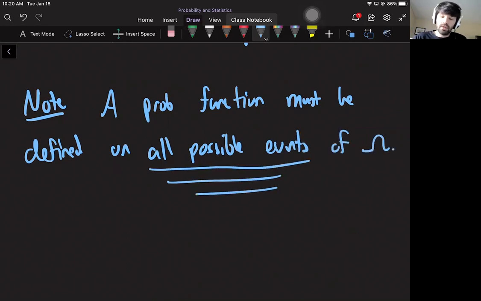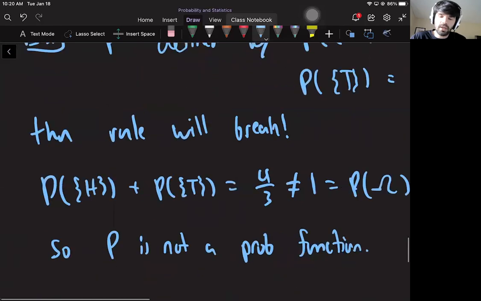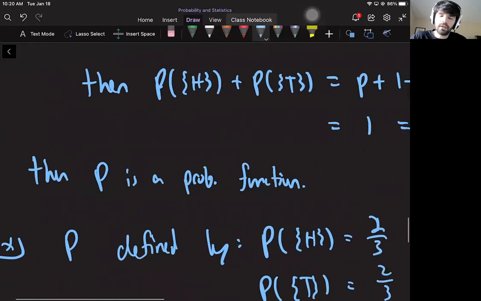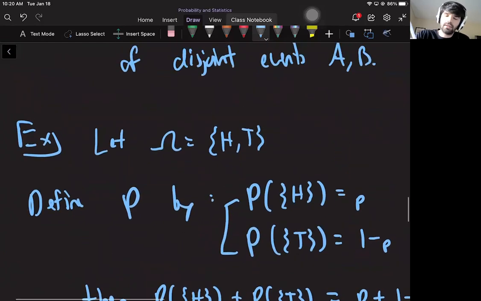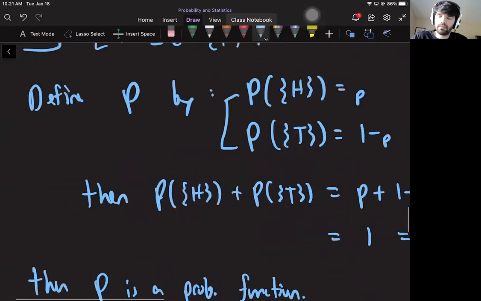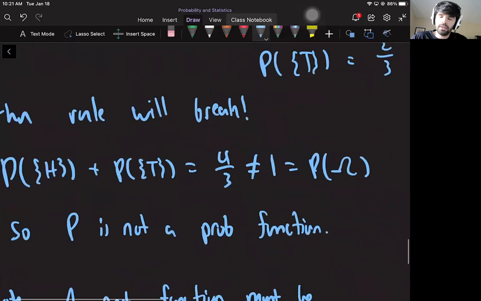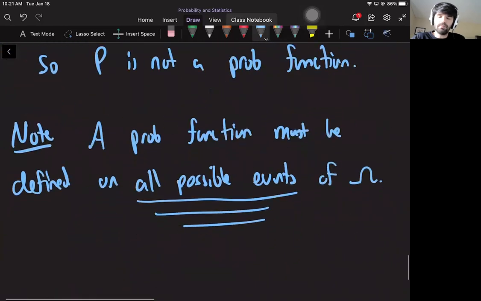And if you notice in these examples, I got a bit lazy. I only said what happened to these two events, H or T independently, but I didn't say anything about what happened to this event or the empty set. And same thing here. That's going to be for a reason, which is you can build the other ones from the smaller ones. That's going to be the idea here.